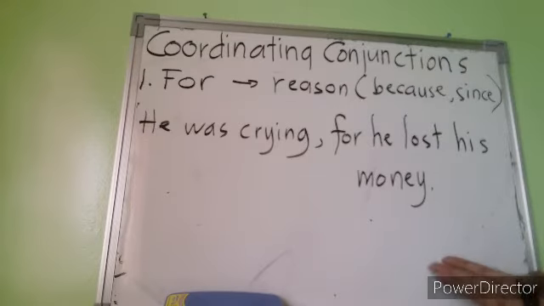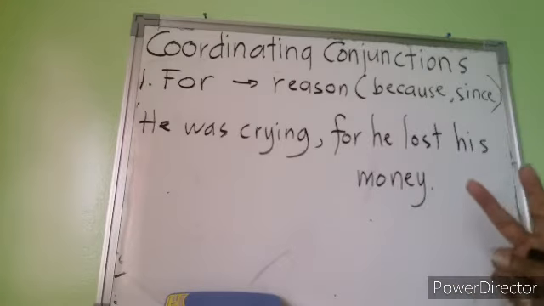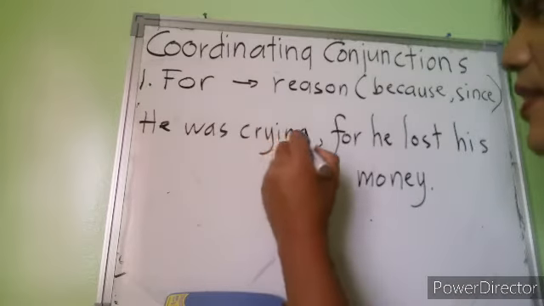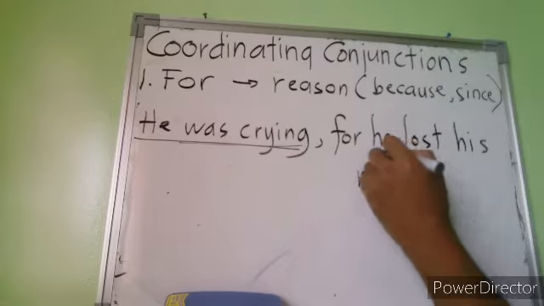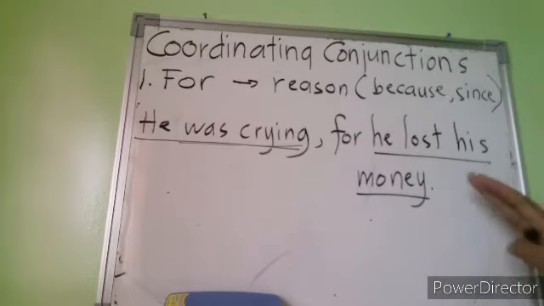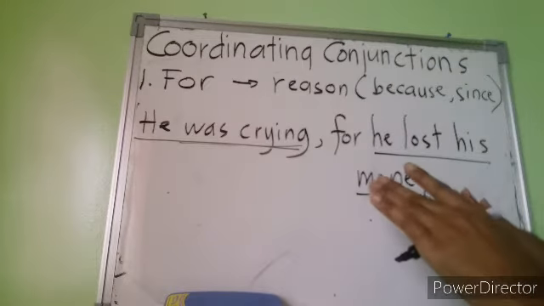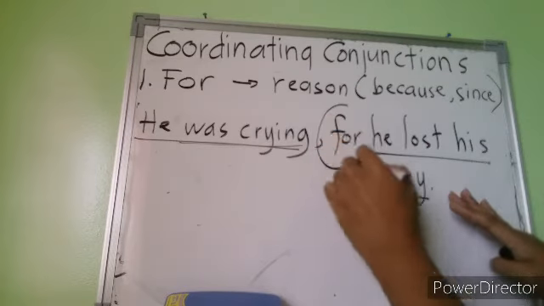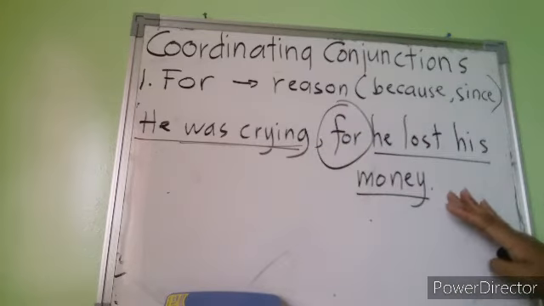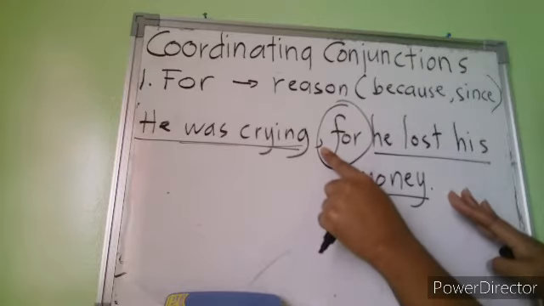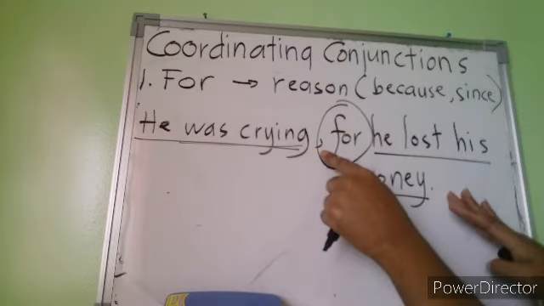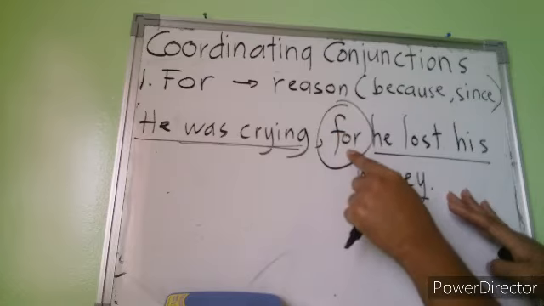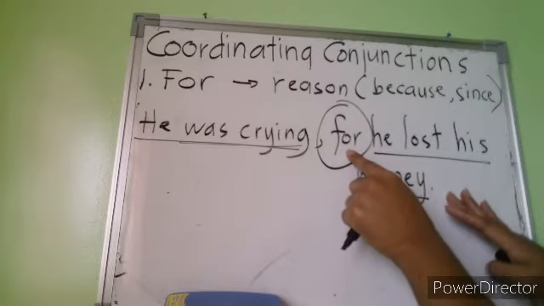Now in the sentence, there are two sentences here. The first sentence is this one, and the second sentence is this one. As you can see, the conjunction for is in the middle, and here we use a comma before the coordinating conjunction.